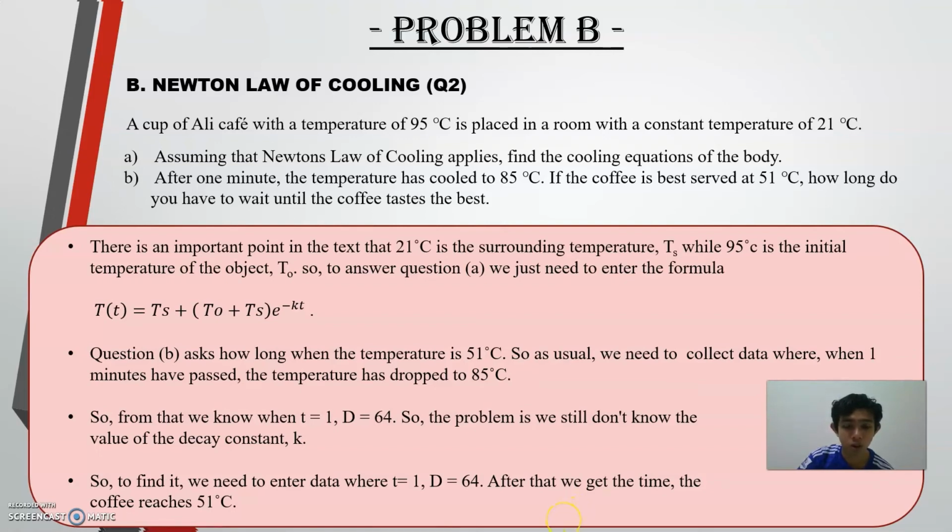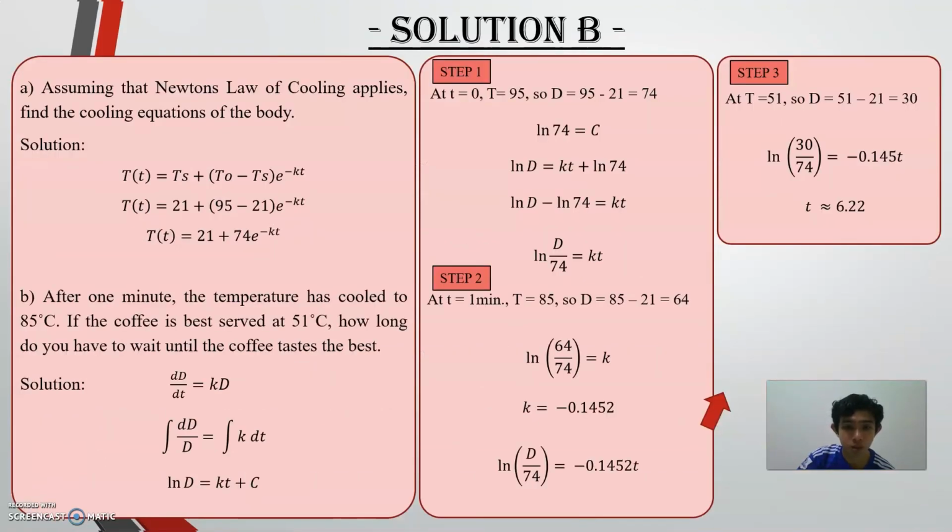The problem is we still don't know the value of k, so we have to find it. When t = 0, T is 95 and D is 95 minus 21, which is 74. We get the equation ln(D/74) = -kt.